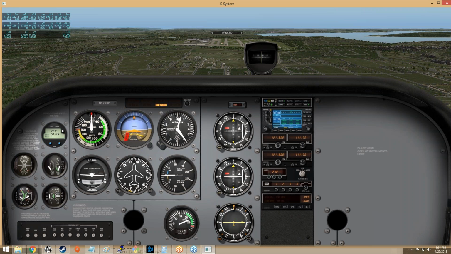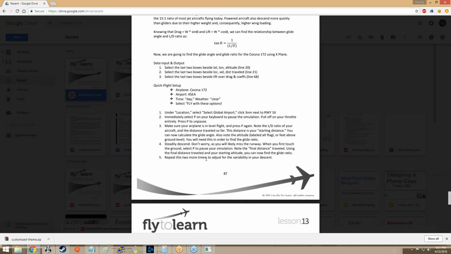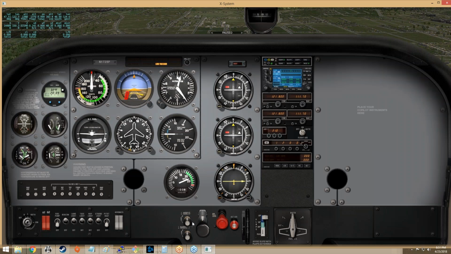All right, and we start out paused. Fantastic. And then from here, we're going to pull off the throttle entirely in order to turn it all the way off, so it's no longer running.